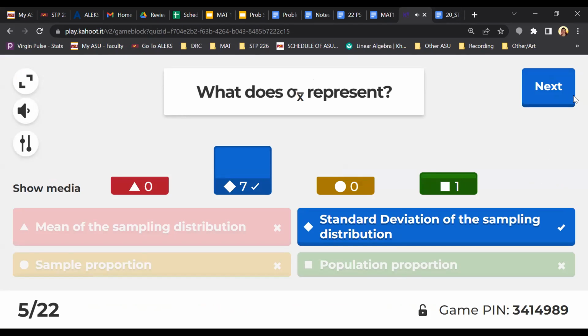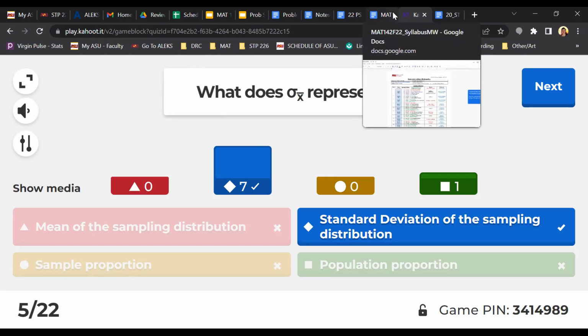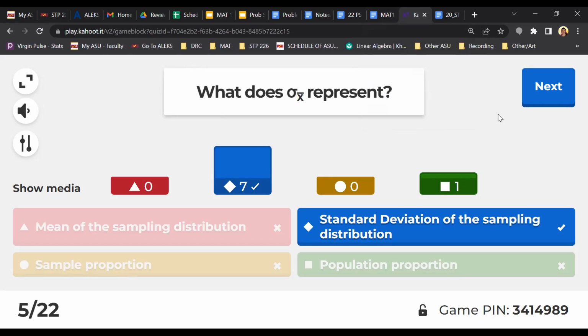So if you knew that sigma was the population standard deviation, and then knowing that sub X bar means of the sampling distribution, so this is the standard deviation of the sampling distribution. So again, more notations to make sure that you've got on your reference sheet for exam 2. And again, you can post in the chat, or you can just unmute yourself and shout out if there's anything you want me to slow down on or review back through or explain why that's the answer.